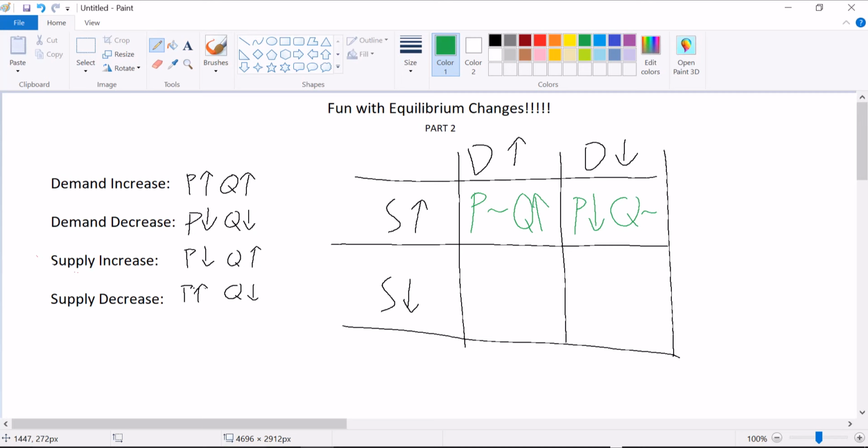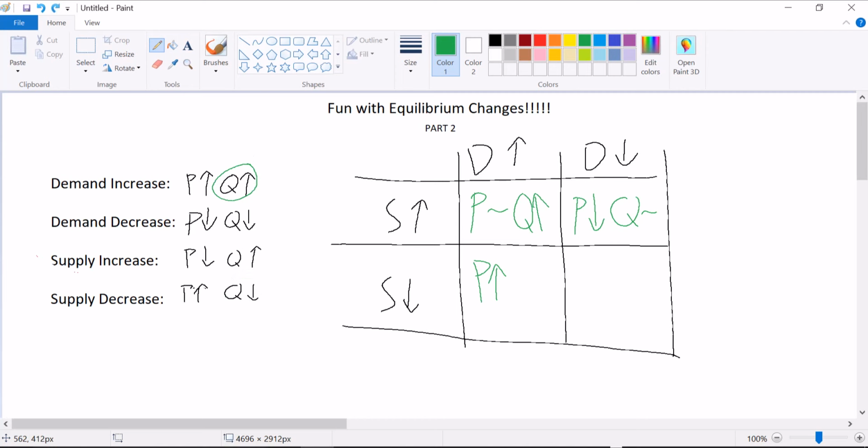What about if the demand rises and the supply falls? Well, if the demand rises, price goes up. If supply falls, price goes up. So I can confidently predict that the price will rise. But if demand rises, quantity rises. And if supply falls, quantity falls.